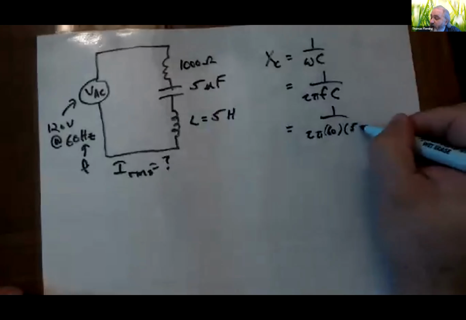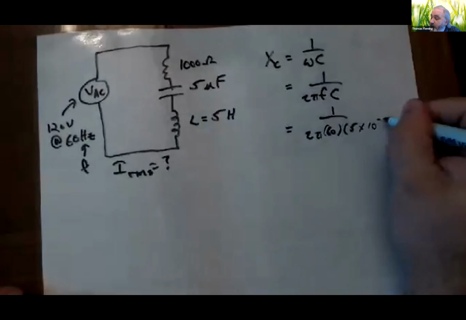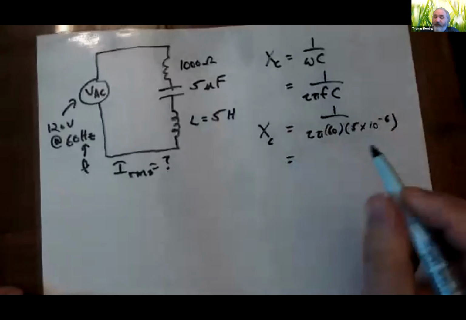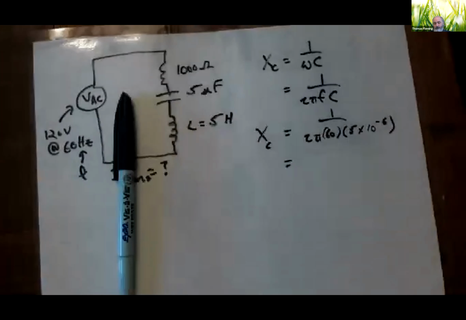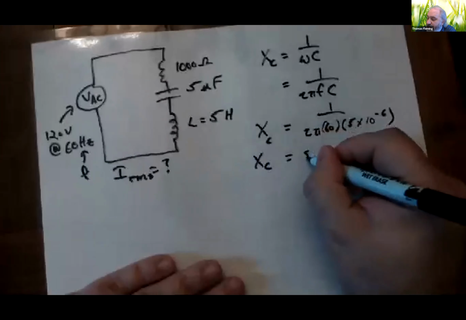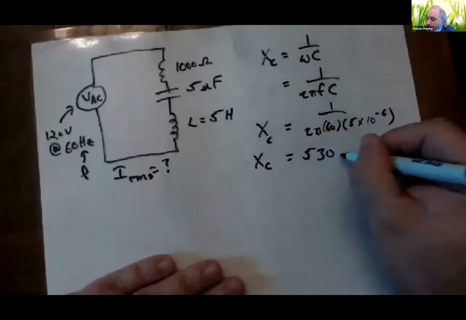That's 5 times 10 to the negative 6. So in this circuit, XC works out to be about 530 ohms.